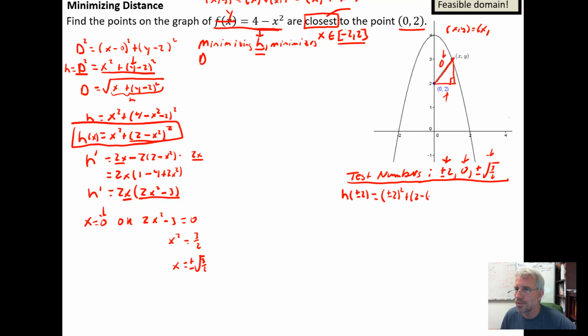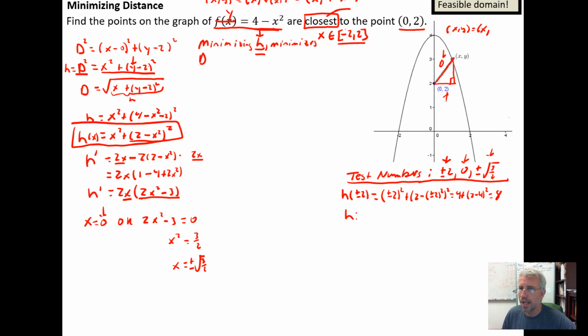So 2 minus plus or minus 2 squared, all squared: plus or minus 2 squared is a 4, so it's going to be 4 plus 2 minus 4, but squared. So I get 4 plus 2 minus 4 is -2. -2 squared is 4. 4 plus 4 is 8. So when I evaluate h at plus or minus 2, I get 8.